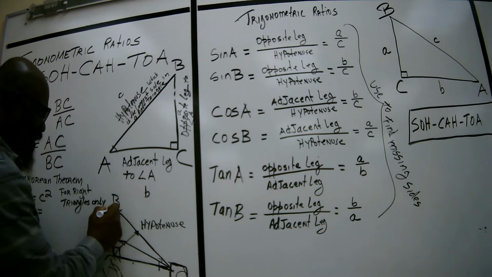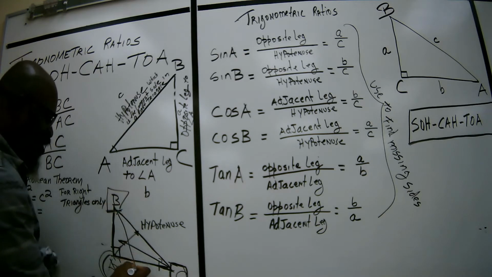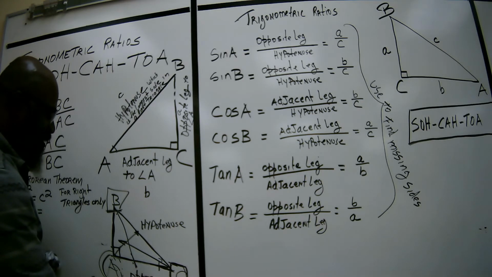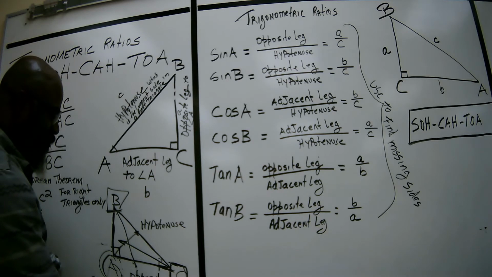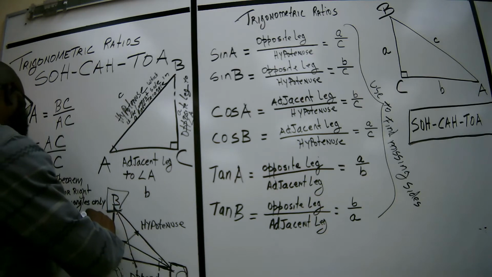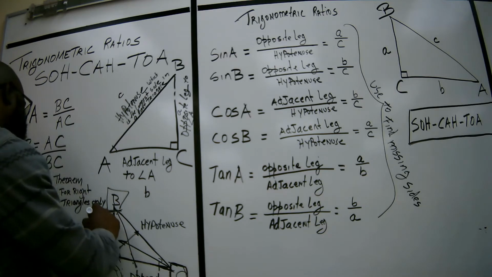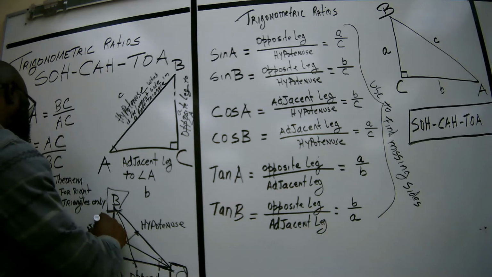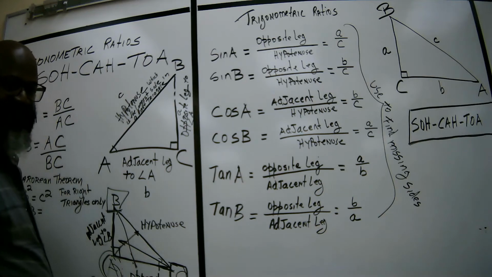Since you are here now, this becomes the opposite leg to angle B, and this becomes the adjacent leg to angle B, because your location changed.